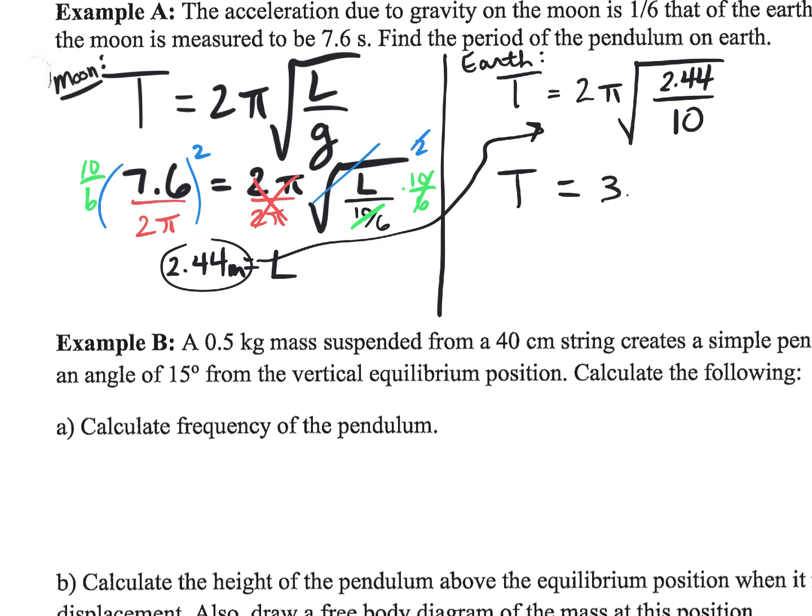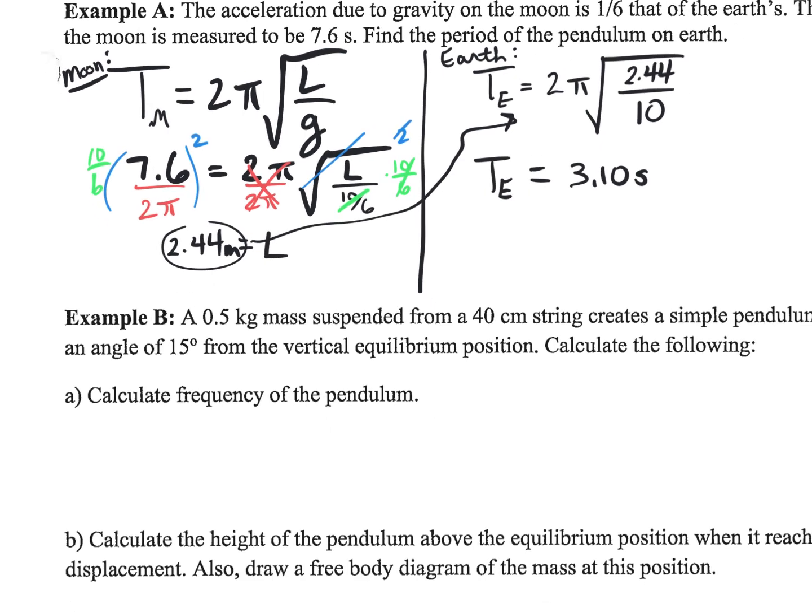Okay, so 3.10 seconds, right? Period's going to be in seconds. So the period on Earth, T sub E versus T sub M, is 3.1 seconds.